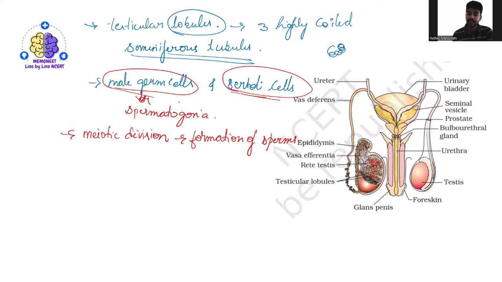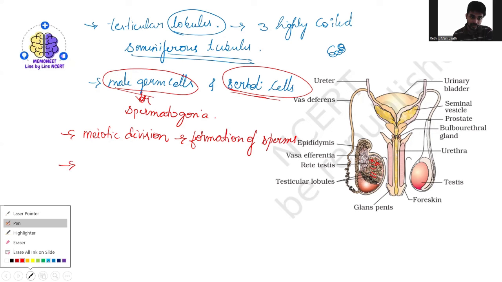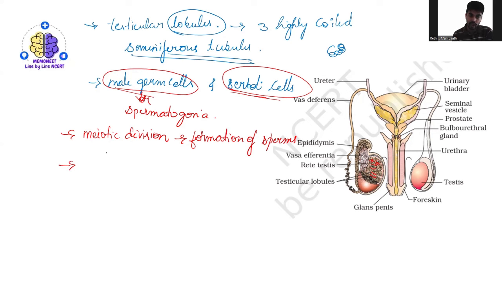They provide nutrients. The Sertoli cells provide the nutrients for the formation of sperm during spermatogenesis, whatever nutrients are required for the division and development of the sperm.